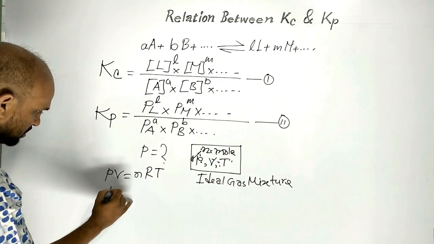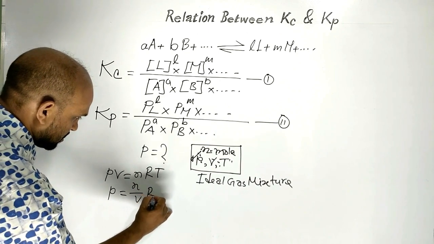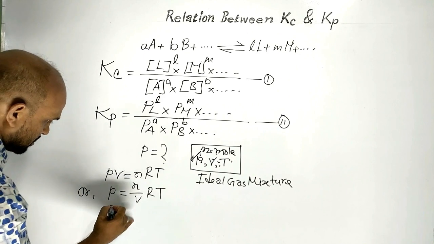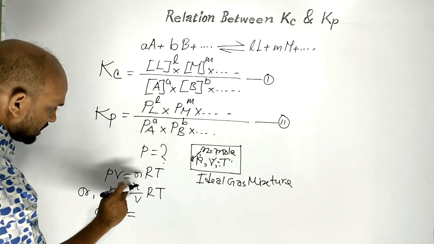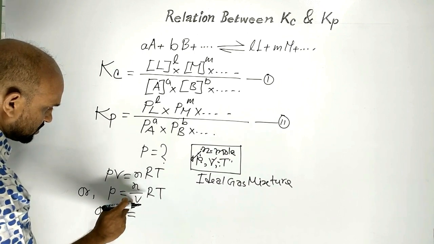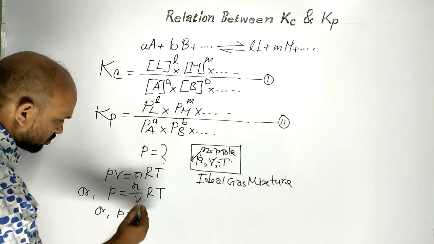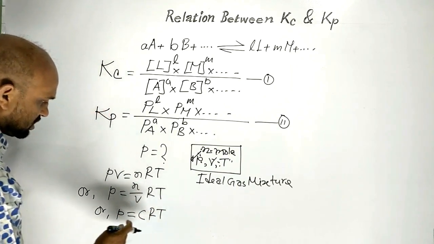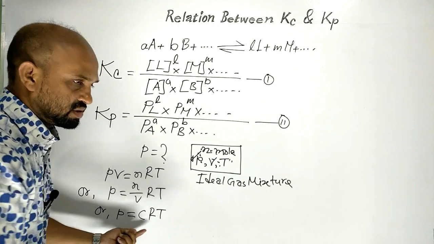Then P is equal to n by V into RT. Here n by V is the number of moles per unit volume, which is a concentration. So we got P is equal to CRT.